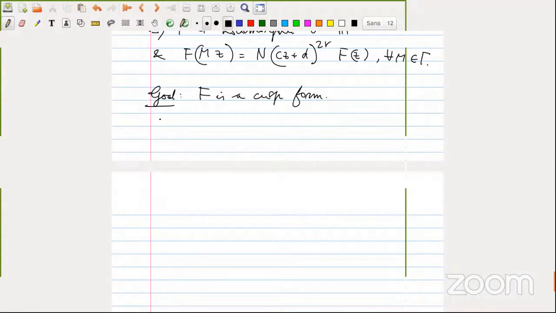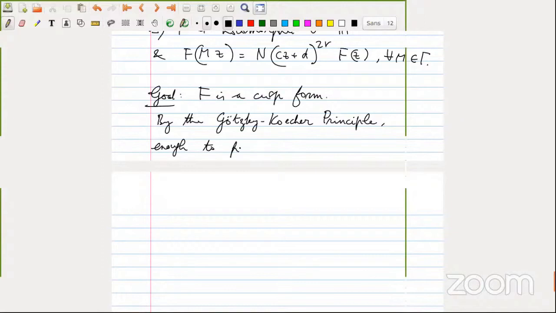So it's enough to prove at the cusp infinity.